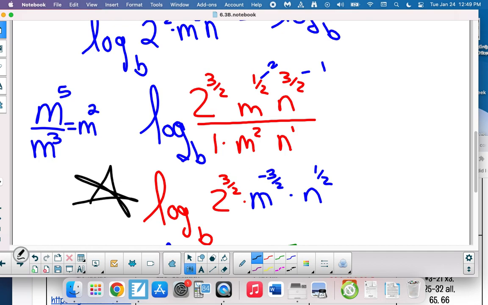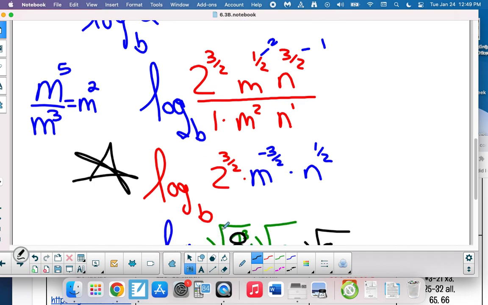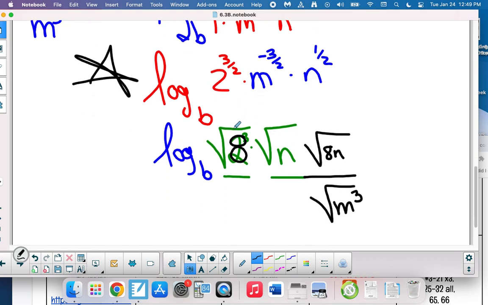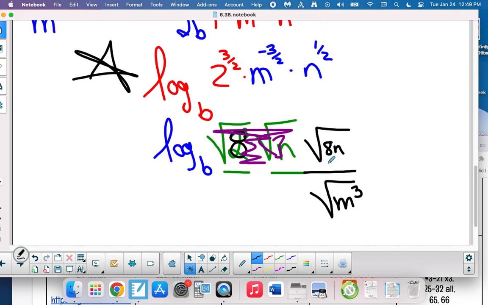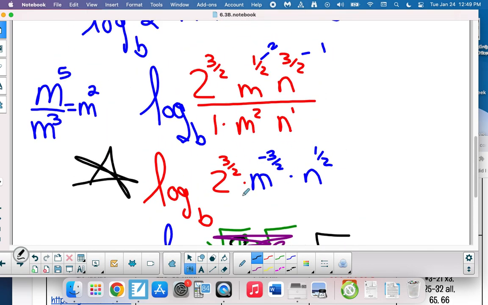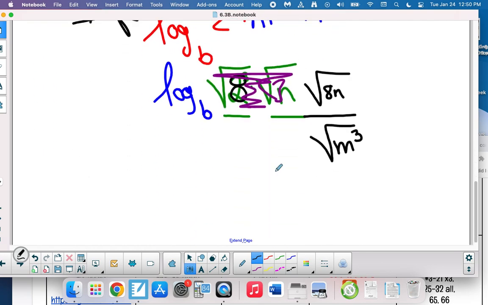I'm not going to get so worried about changing this to log of this. It's not even worth it. I think if you look in the back of the book, you'll go, oh yeah, the square root of 2 to the third would be the square root of 8. There's only a couple like this in your assignment. I just wanted to show you one of them. Okay?